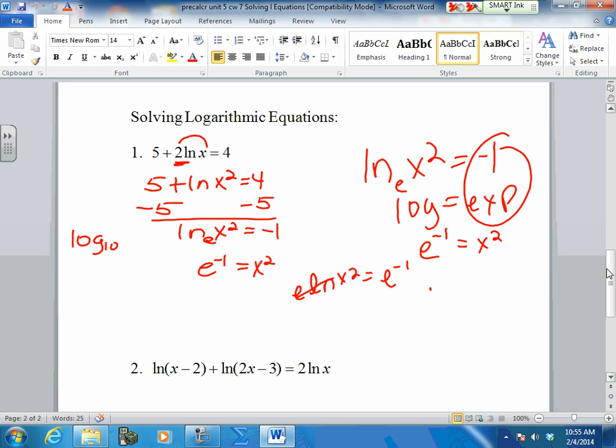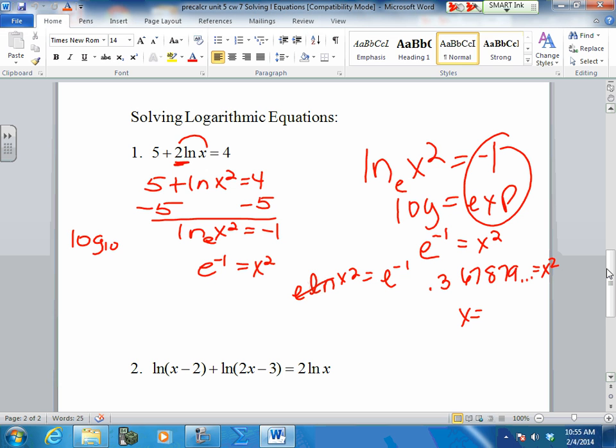So e to the negative 1 is this guy, blah, blah, blah, and then I would have to take the square root of it. I must have left something out of that example because it shouldn't have come out this badly.